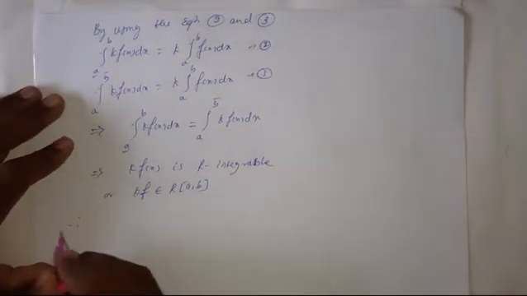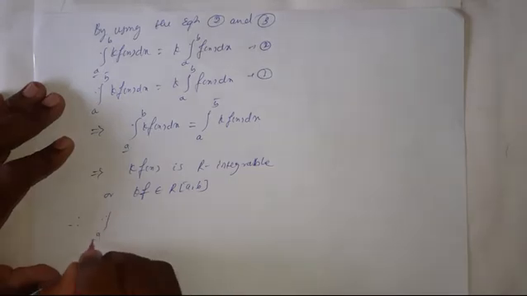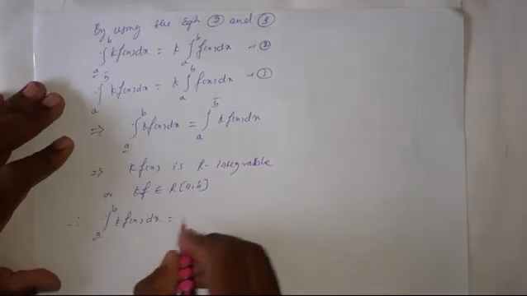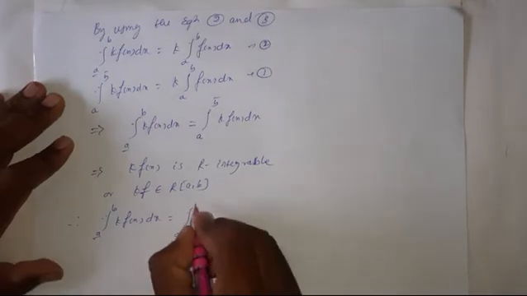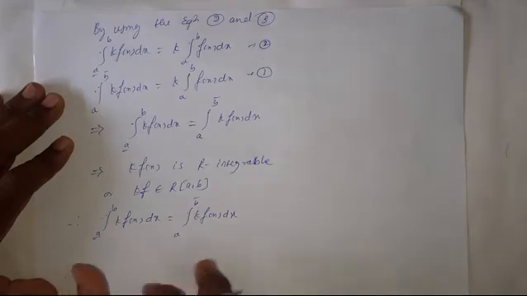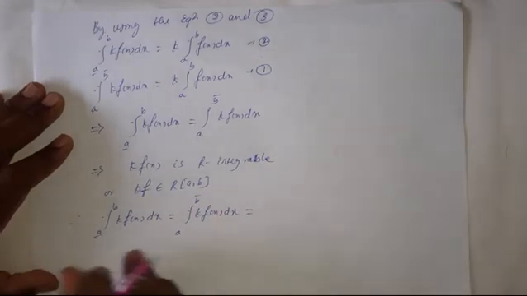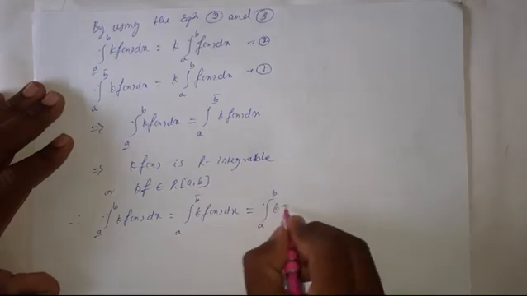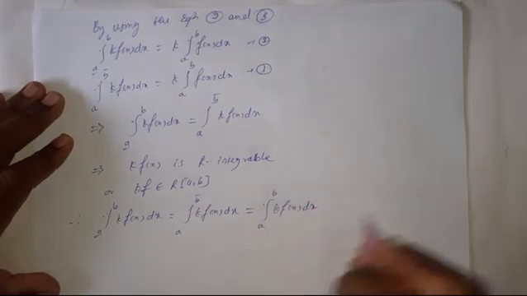So therefore we can write that integration over bar a to b k into f of x dx is equal to integration over a to b bar k into f of x dx. Since these two are the same, their common value can be written as integration over a to b k into f of x dx.